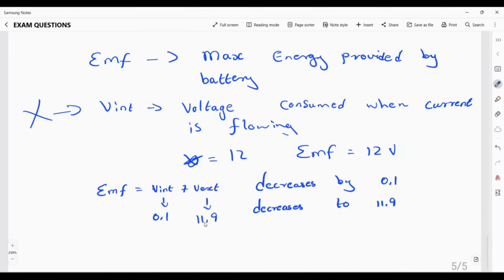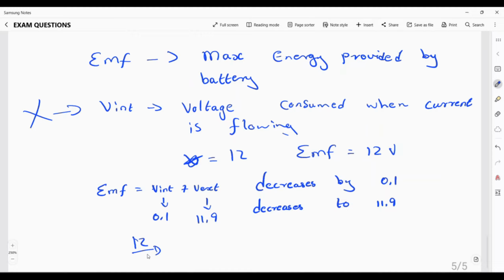Where is that 0.1? Because my EMF was 12, and then that 12 decreased by 0.1. That 0.1 was taken by something else, which is your internal resistance. Which means whenever they say a value decreased or decreases by, that is your internal voltage.